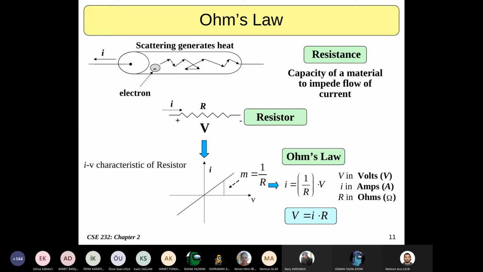It's Ohm's law. Let's see how it came to be. Current, as we talked before, is the movement of electrons from one side of a conductor to the other.